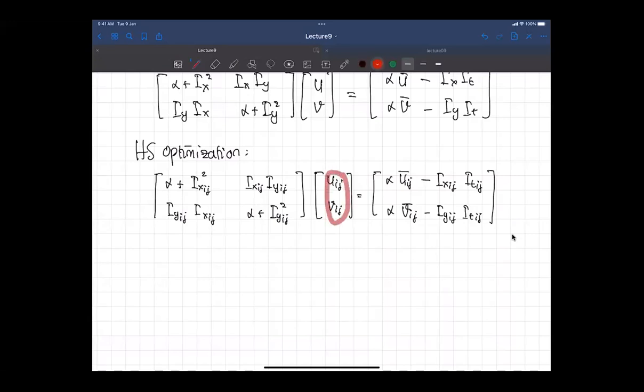This is unknown. You also do not know this one. This is also unknown actually. So these are the two parts that you do not know, but the rest are known. The rest are given.